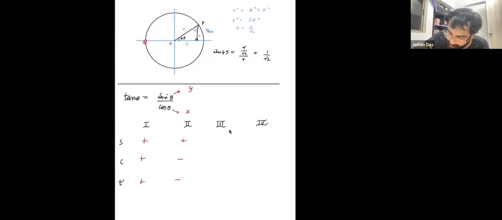Now third quadrant, you know that x and y both are negative. So here sin and cos both are negative. But if you divide two negatives, you will get a positive. So tan is positive. Last, this quadrant: x is positive, y is negative.